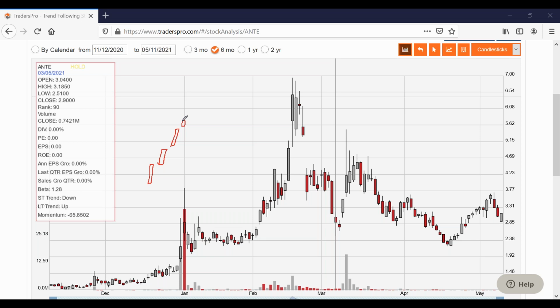So you have it opened down here and it closed up at the top here. The next day it gaps up and it opens higher. So it opens up here, but then it immediately starts to sell off, and it needs to close lower than the low of the previous day right there.